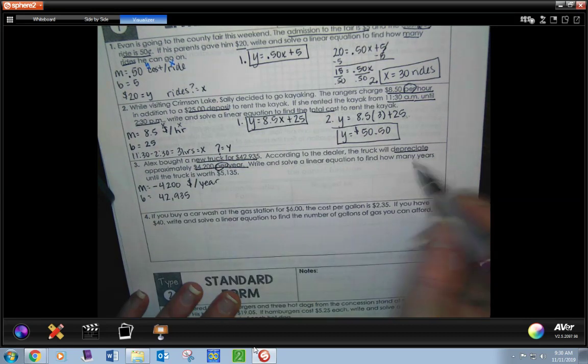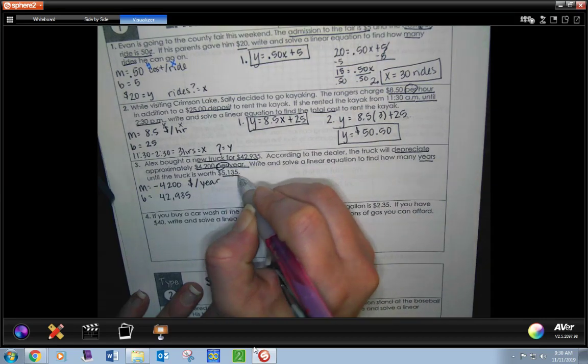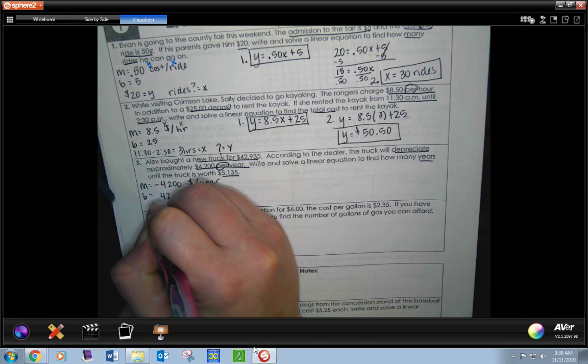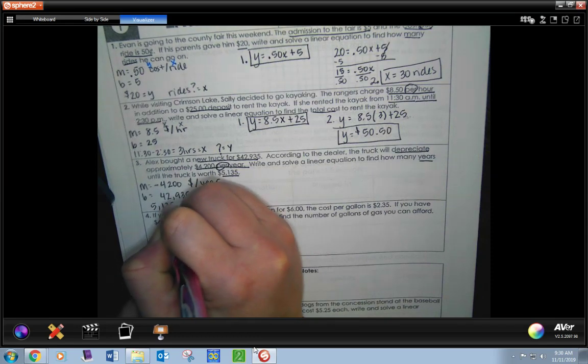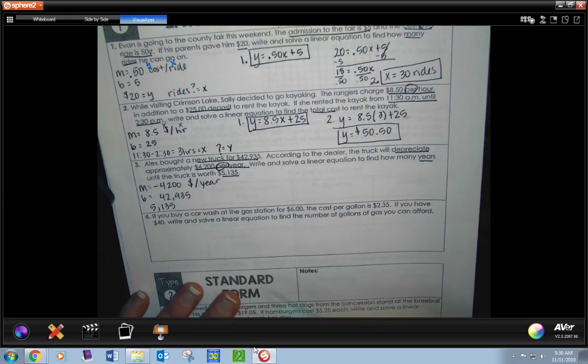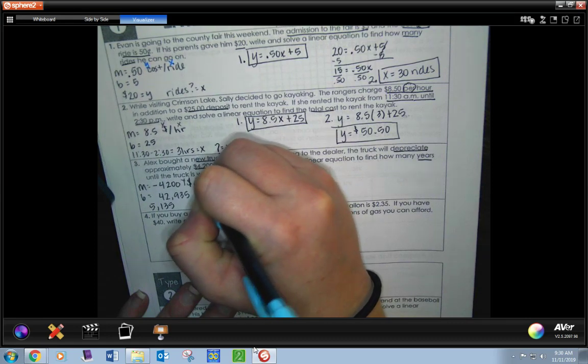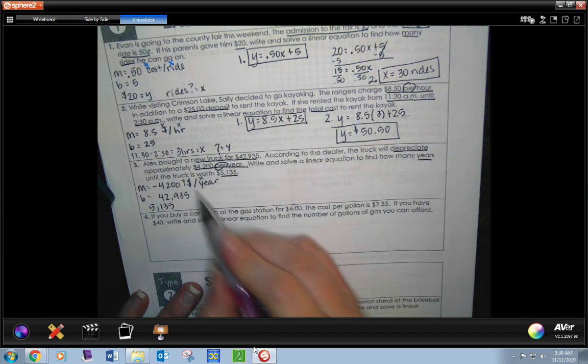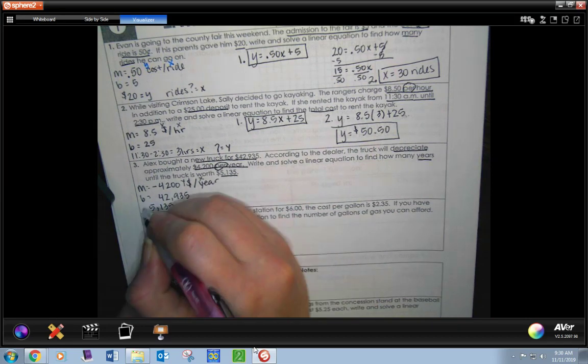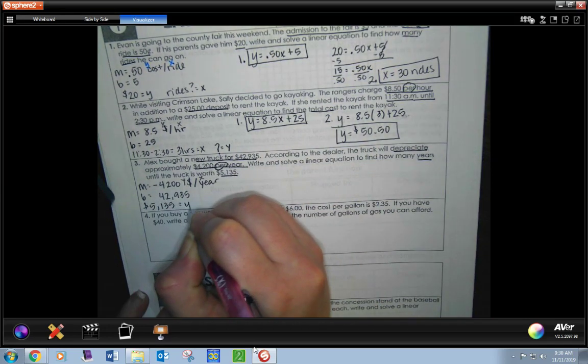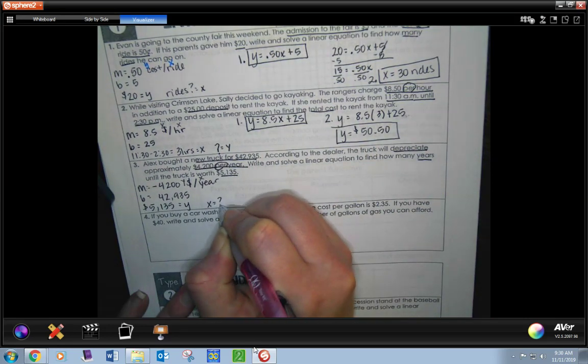Now, I want to find out how many years until the truck is worth $5,135. So they gave me $5,135. Okay, remember this is Y per X. So money is Y. I don't have a clue what X is.